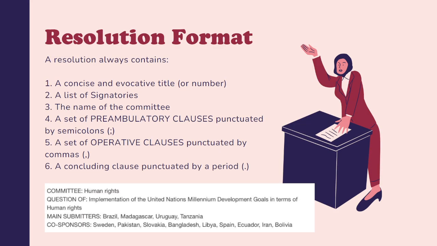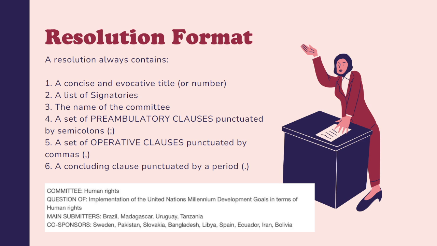Now, resolutions have a particular format that you need to follow, and let me just tell you this: each MUN circuit and each MUN has its own resolution format. Even though they're almost very similar, sometimes it can vary, so make sure you confirm with your chair what the resolution format is.